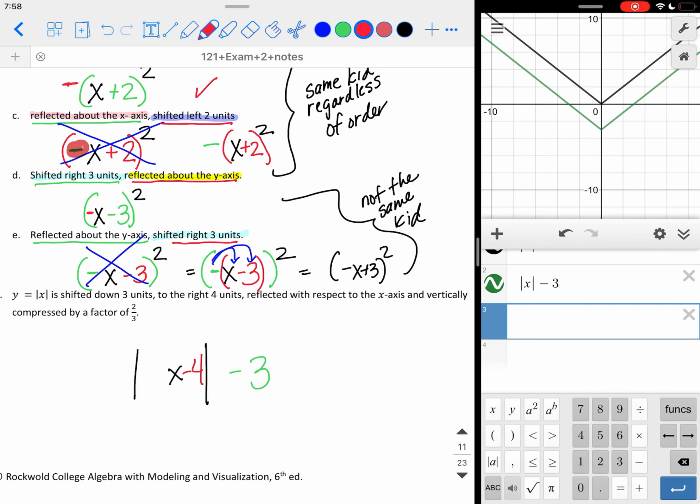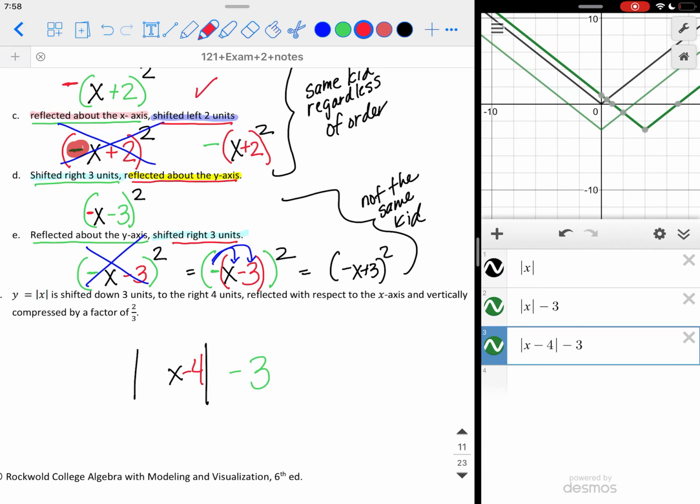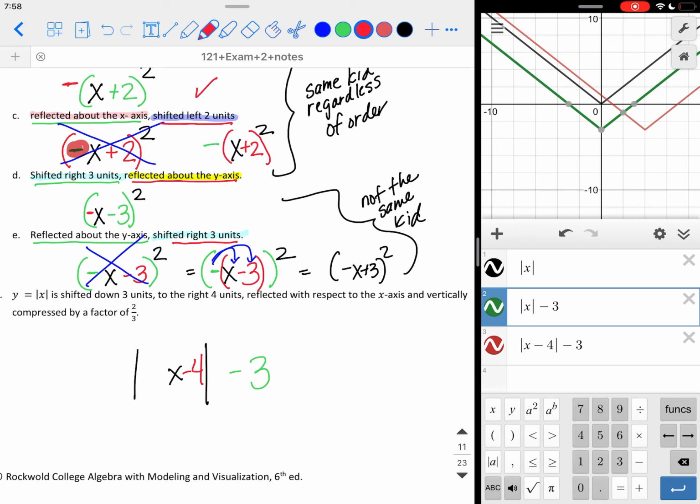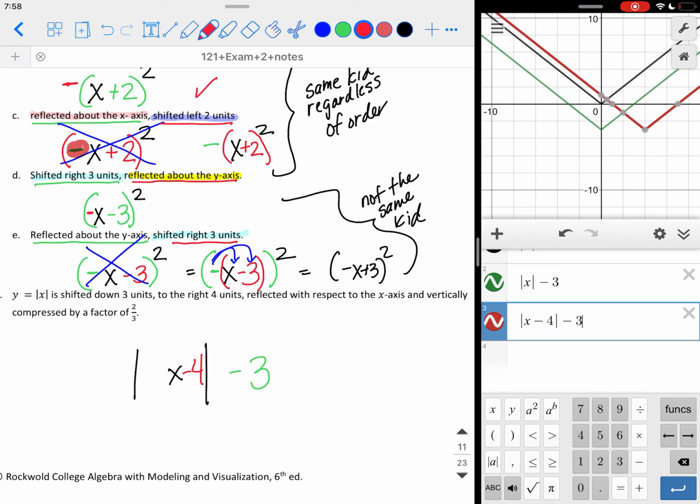So let's see. So there's the kid in utero. And then now shift it to the right, 4 units. So looking so far so good.